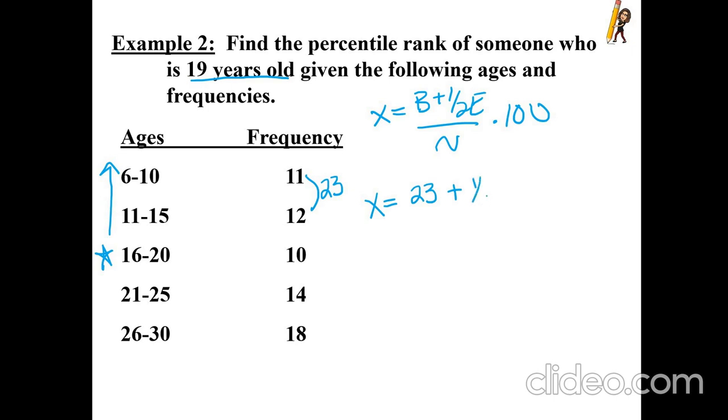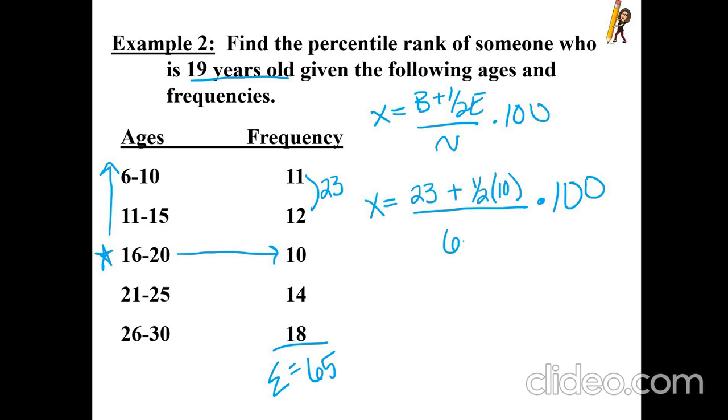Then we're going to take 1/2 times the number equal, and that is going to be the category that we're in, the 16 to 20-year-olds. So that's going to be 1/2 times 10, all divided by the total number of data values. Our total number of data values is going to be the sum of the frequency column. So if we take 11 plus 12 plus 10 plus 14 plus 18, we should get 65.